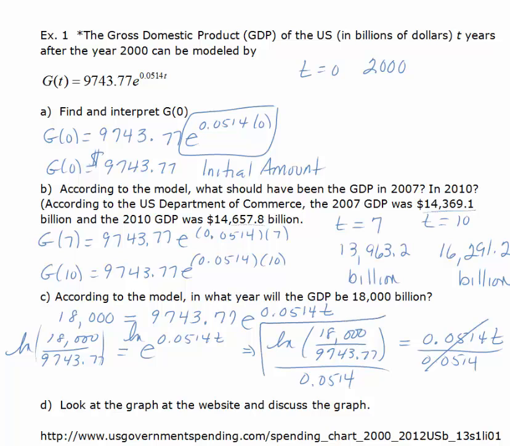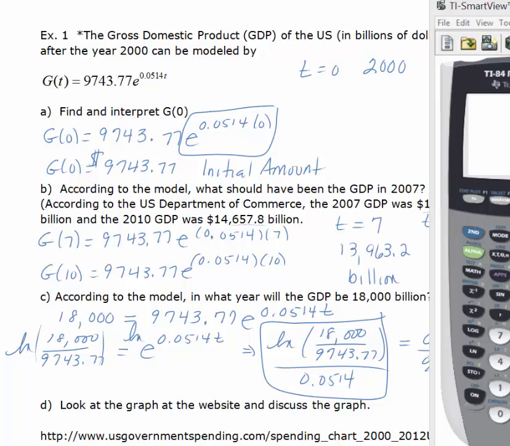So t is going to equal this value right here, and let's plug that in our calculator. We have the natural log of 18,000 divided by 9743.77.